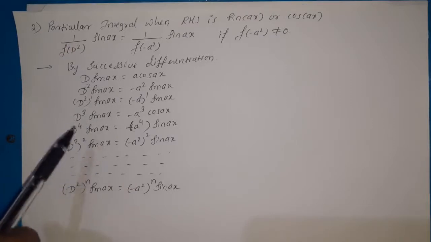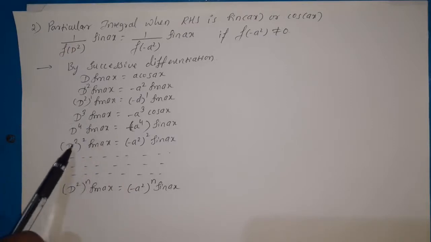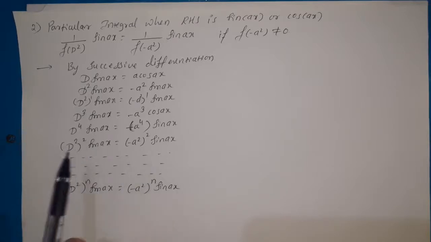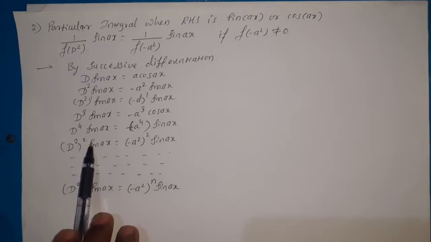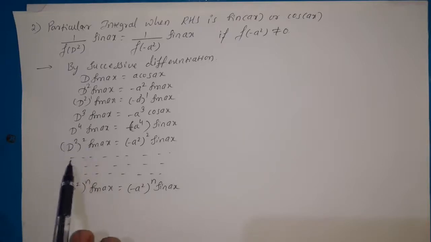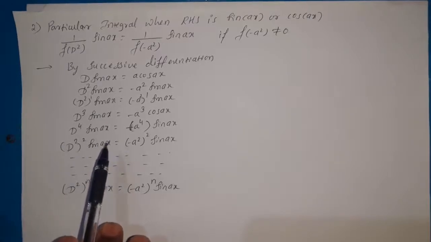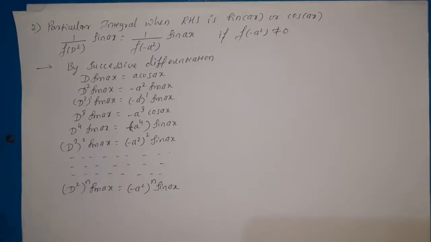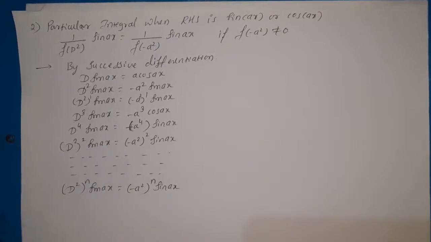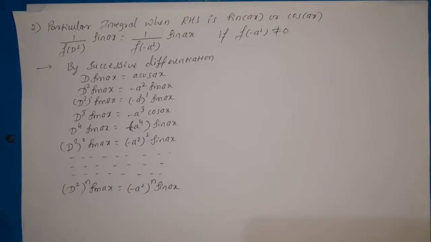Proceeding like this, for the sixth derivative it becomes D square whole cube, for the eighth derivative D square whole power 4, for the 10th derivative D square whole power 5, and so on, for every multiple of 2 or even number.